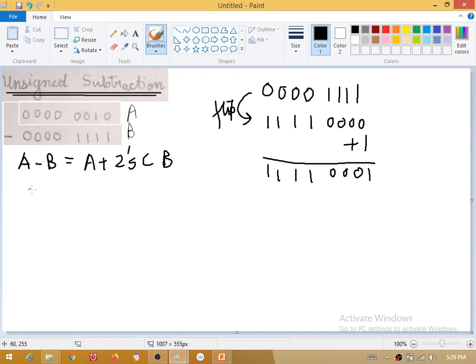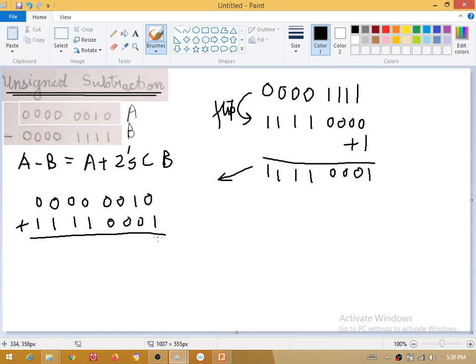Now we simply have to add the two numbers. So what is the value of a? 0 0 0 0 0 0 1 0, plus whatever we found out here, so add it to 1 1 1 1 0 0 0 1.